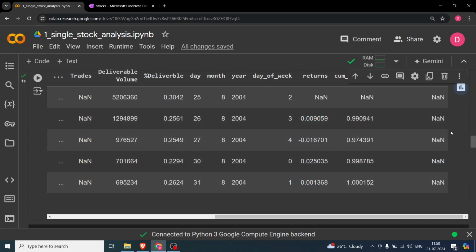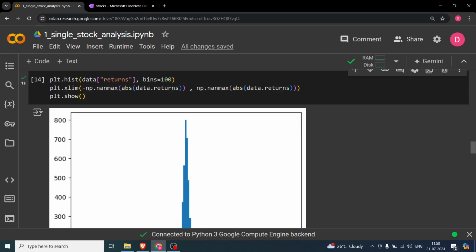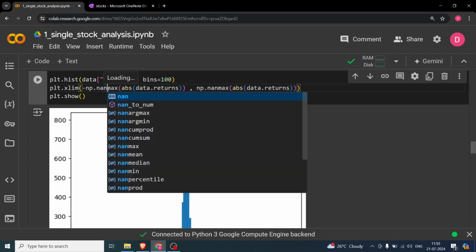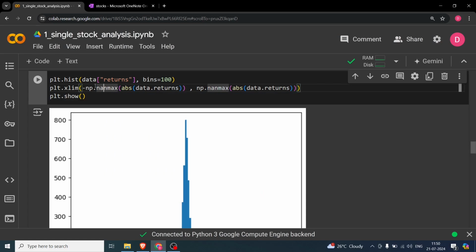Just give me the magnitude of that, then find the maximum of that, using np.nanmax. You can use np.max also, but this will not work if you have NaN values. So you need to use nanmax, which will basically ignore the NaN values. Removing the NaN values, what is the maximum? You take that, then you take minus of that value to plus of that value as the range, because this is the maximum.